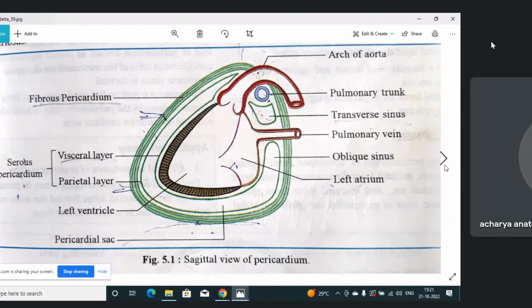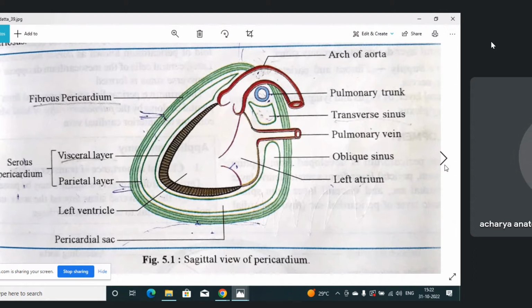It consists of apex and base. The base rests on the diaphragm.